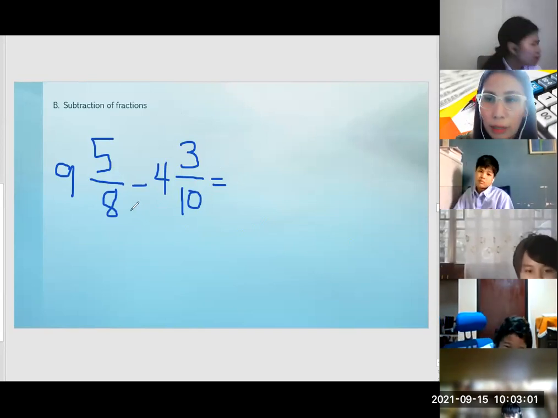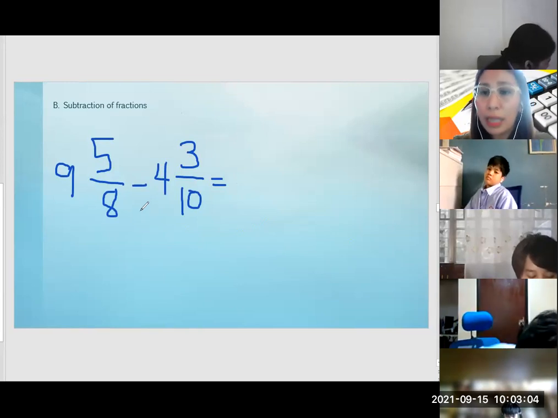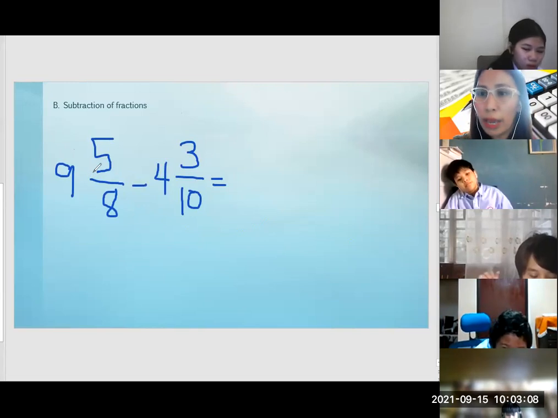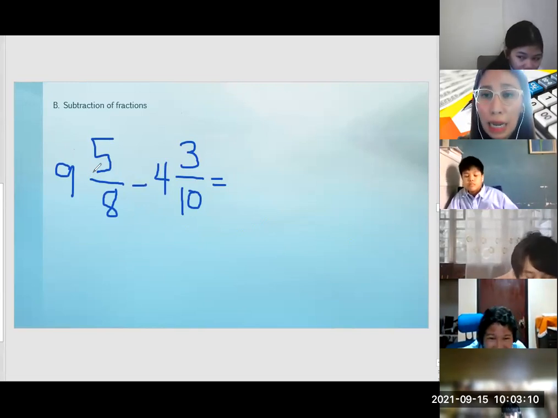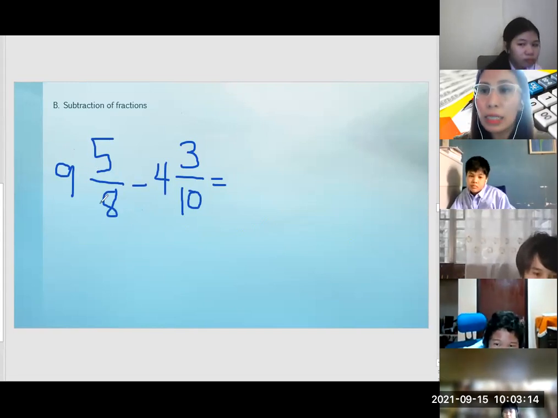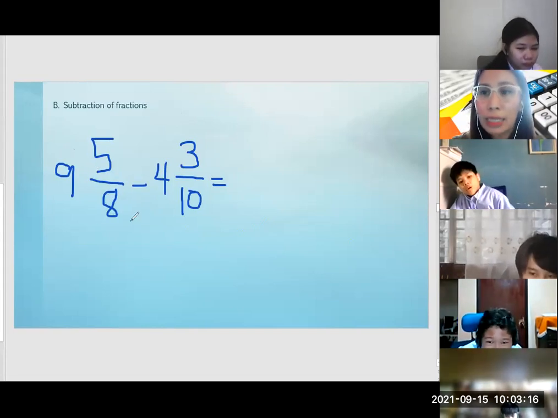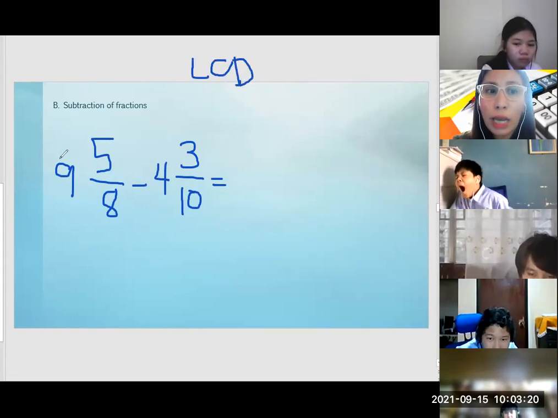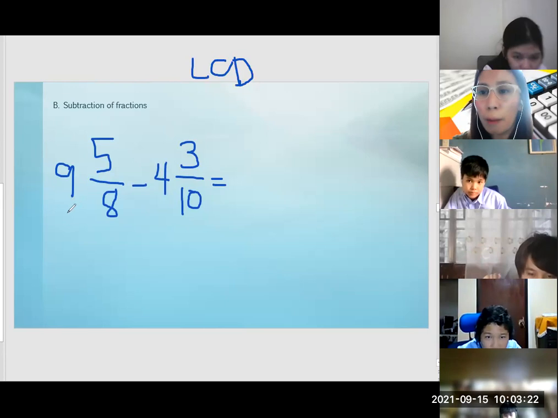Okay. Unang-una, kailangan hanapin ang LCD. Okay, yun ang unang step. Kapag hindi same ang denominator, the first step is you need to get the LCD. LCD first. Huwag isusubtract ang whole number.